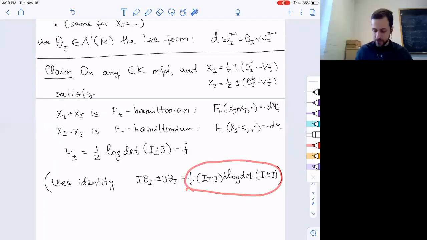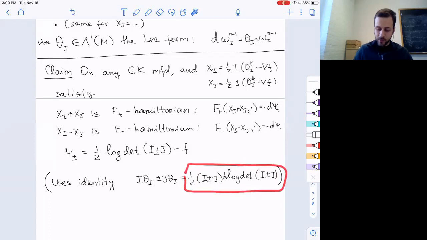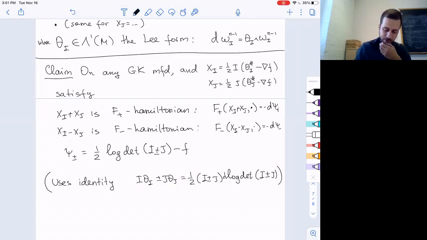Because this thing might vanish, and the log determinant will then be singular, and its differential will be singular as well. Then if you multiply again by the same operator, somehow you get a one-form which is smooth on the entire manifold. So the left-hand side is globally defined with this identity, and the right-hand side is defined only on the open dense set.